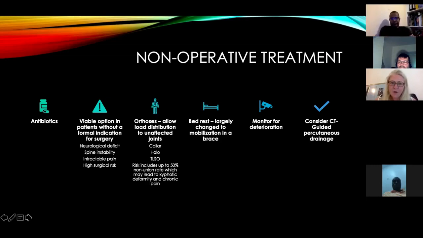Orthoses, so a collar, a halo, or a TLSO. But again, if you're using orthoses rather than spinal instrumentation, you've got a higher rate of non-union. Bed rest, as I said earlier, not used very often anymore. You need to monitor them for deterioration, and you can consider CT-guided percutaneous drainage if you've got a very, very sick patient who's not fit for surgery.